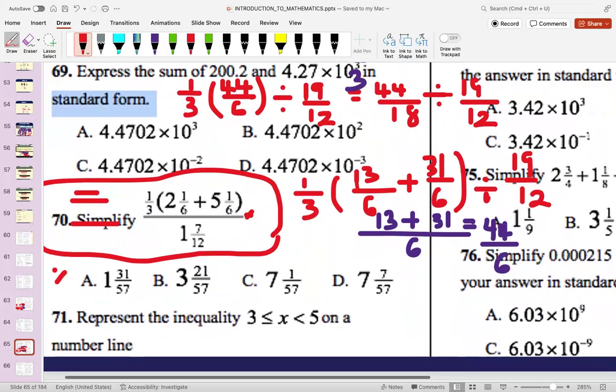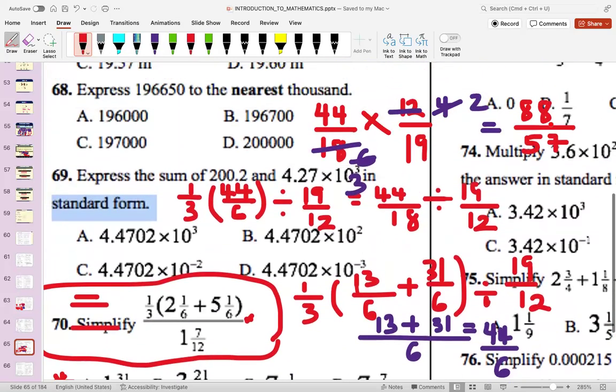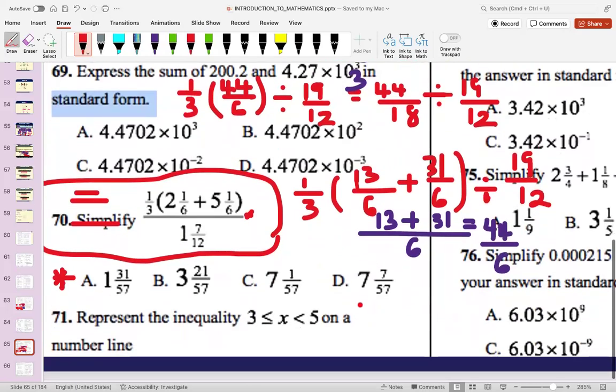And then we go check our answers. Checking our answers, all our answers are in mixed fractions. So it means we need to do something about our 88 divided by 57. So then we do the long division you were doing some time ago when you were kids. 57 divided by 88. So 57 will go into 88, 1. And then you take off the 57 from the 88.